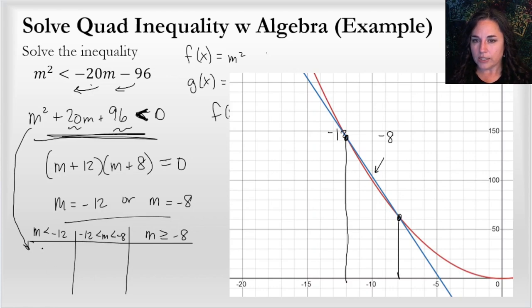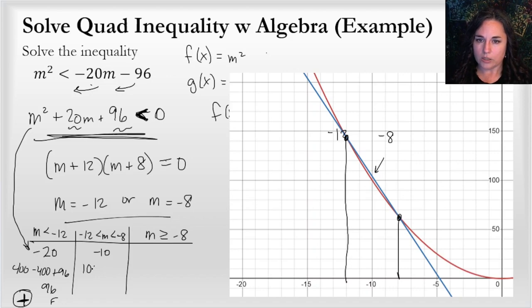So if I plug in negative 20, I get 400 minus 400 plus 96. What is that, 96? This is a positive value, so that would be a false situation. I want it less than 0, and if it's positive, then it's not. In between, let's choose negative 10. Negative 10 is in between there. It's a nice number.